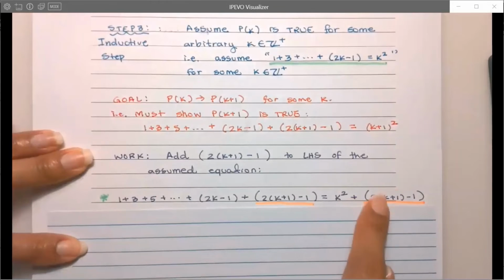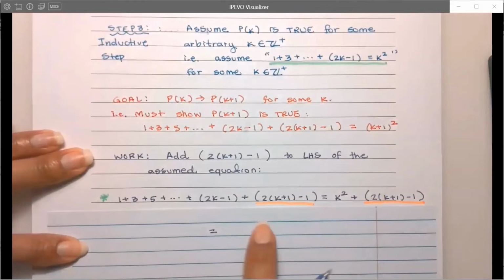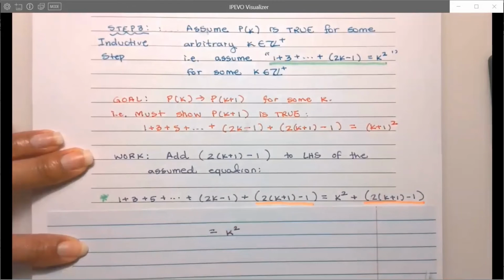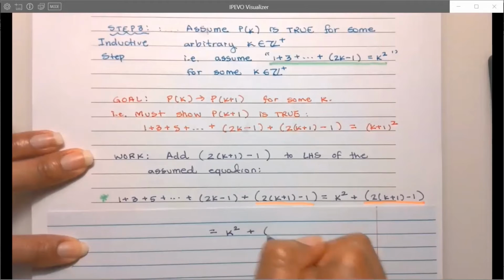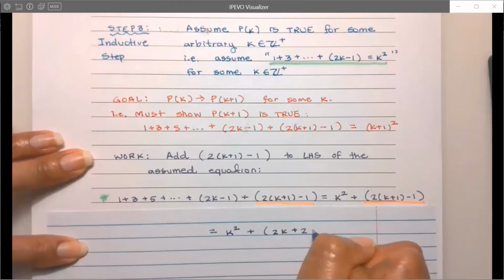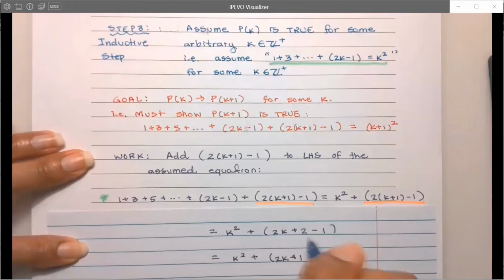We can simplify what's inside of the parentheses. For the right-hand side, this is equal to k squared plus, I'm going to distribute the 2, so I'm going to have plus 2k plus 2 minus 1, which is simply k squared plus 2k plus 1, right, 2 minus 1.